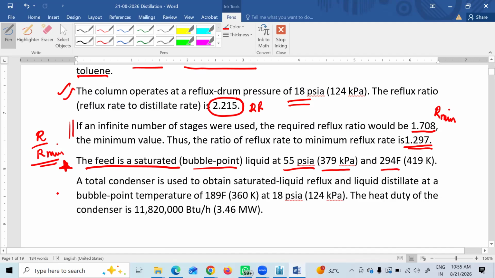A total condenser is used to obtain saturated liquid. Total condenser here has a specific theoretical implication, and a liquid distillate at bubble point temperature.